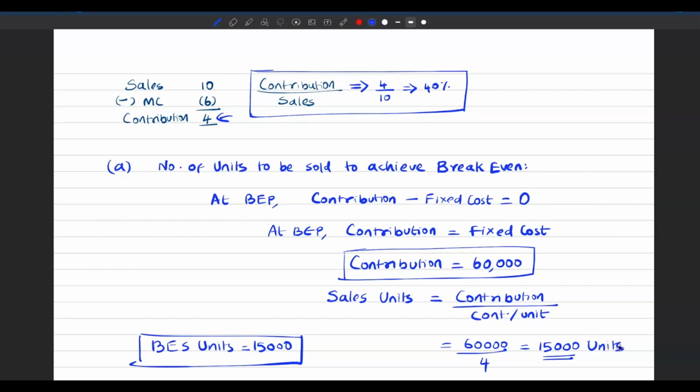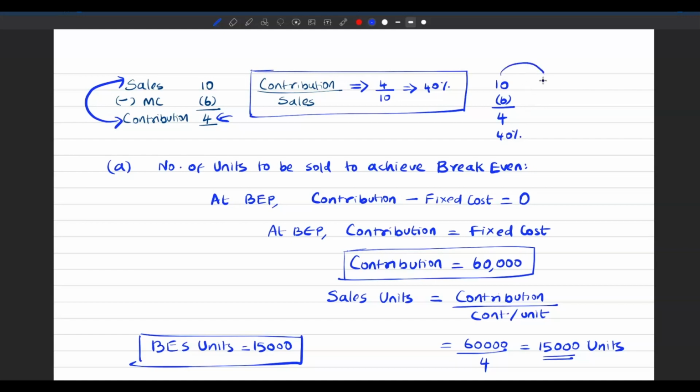So instead of taking the long route, we understood the relationship between the contribution and sales, because they are going to move in the same direction. What do I mean by that? See here, 10 is the sales, 6 is the marginal cost, so contribution is 4. It means it is 40% of 10.